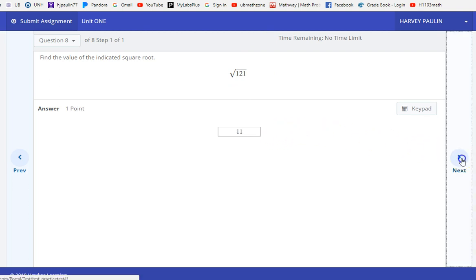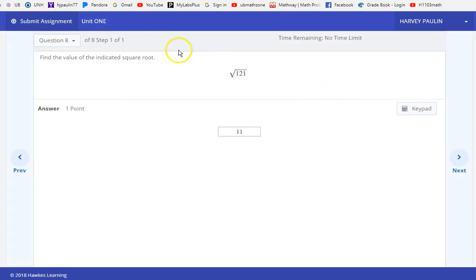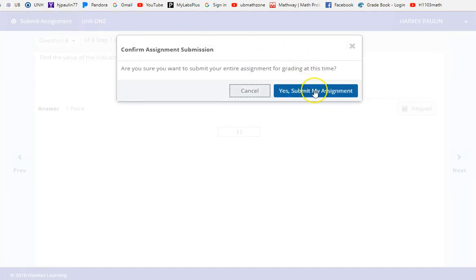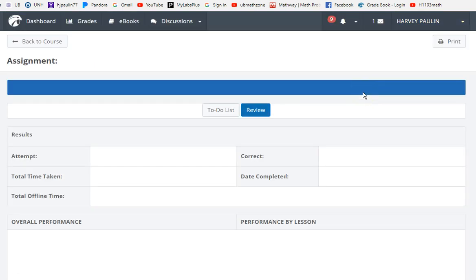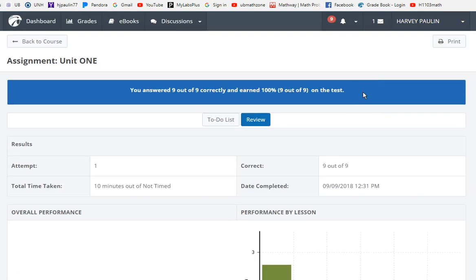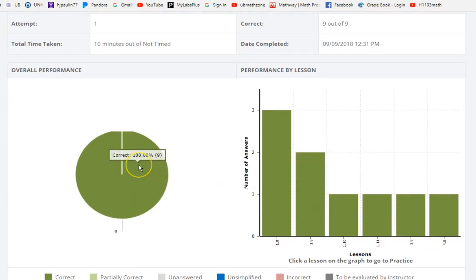And next now, we've reached the end, so we say OK, and then we click on Submit, and you want to submit. And again, turn in your blue sheet before you do this, and then it gives you your result. And we got them all right.